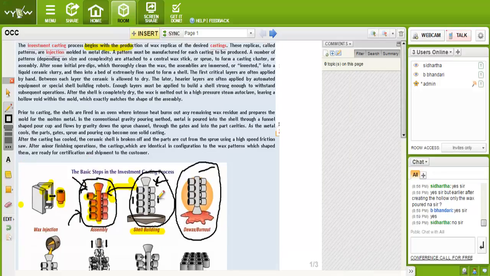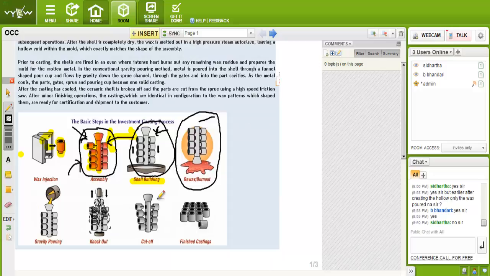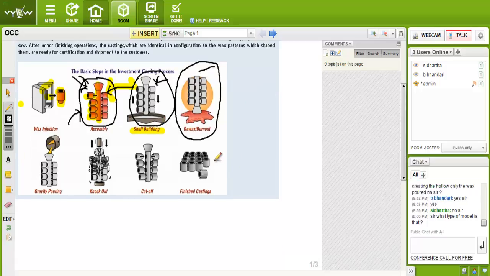If we dip this unit of wax assembly in a solution of plaster, then what will happen? See, it is your finished material. Suppose you have to create it like that. Now what did we do?